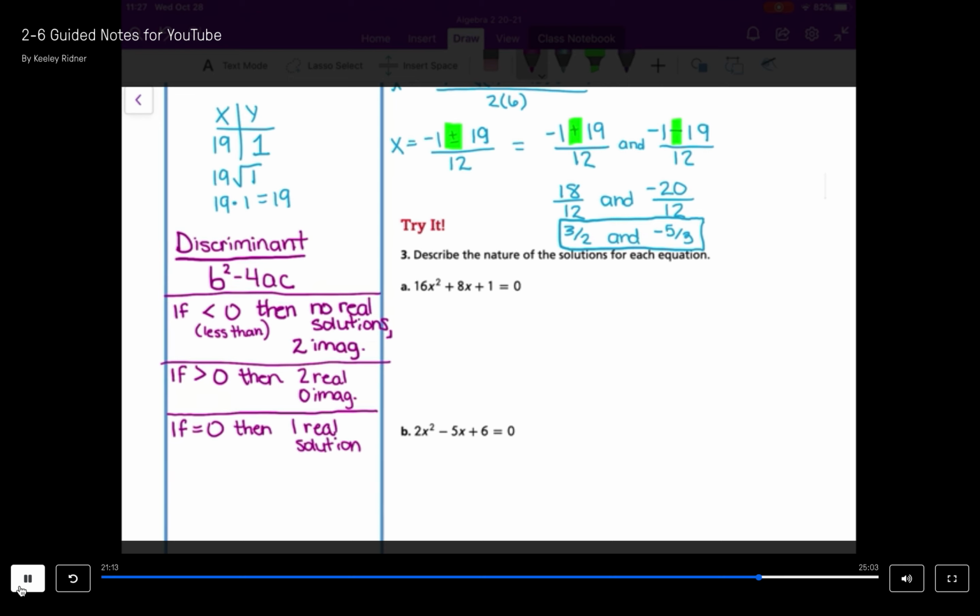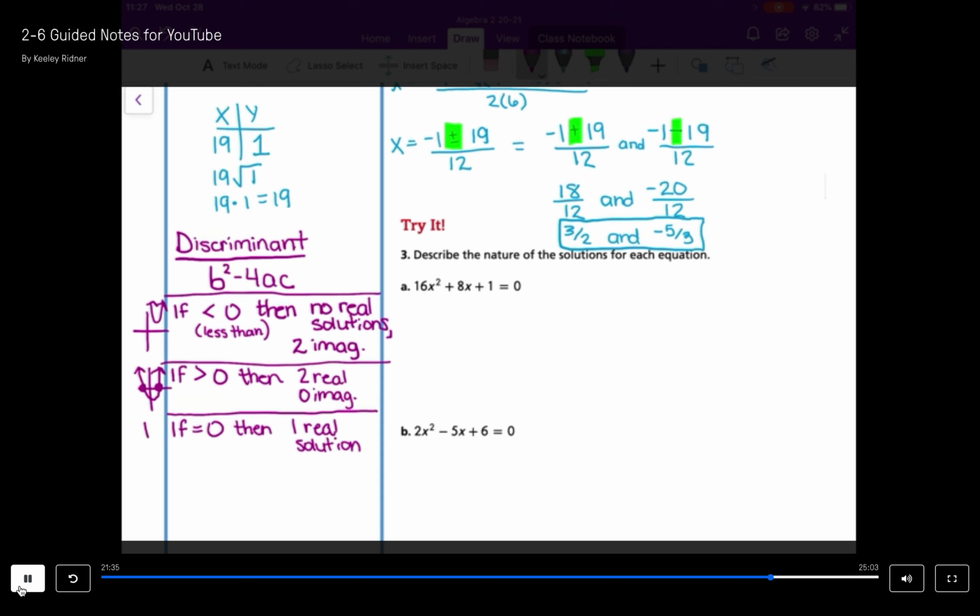Okay, our graphs will also help us with that. If it is less than 0, it will be a parabola that does not touch the x-axis. If it's greater than 0, it's going to be a parabola that crosses the x-axis twice.